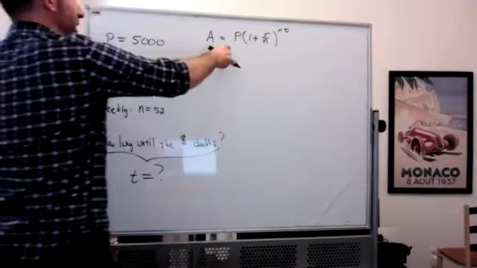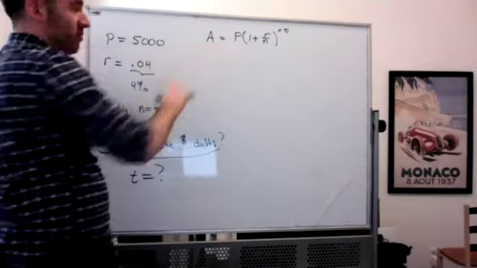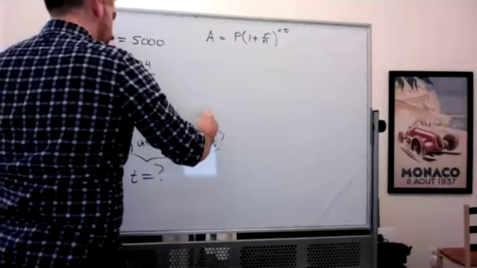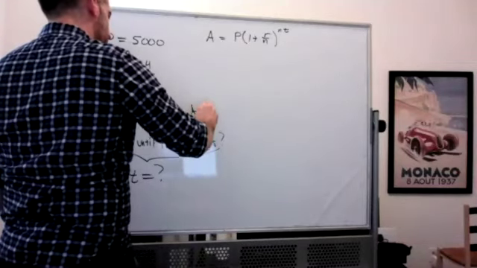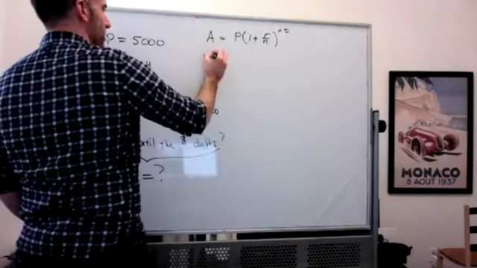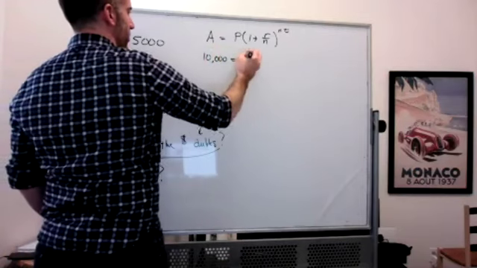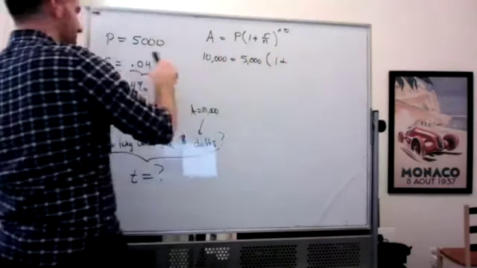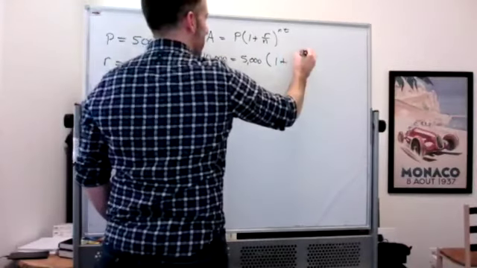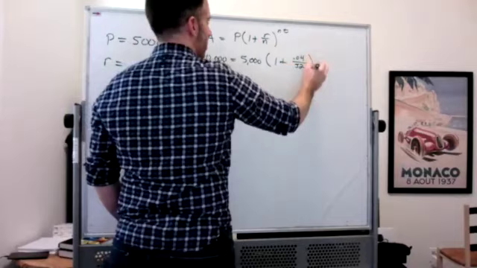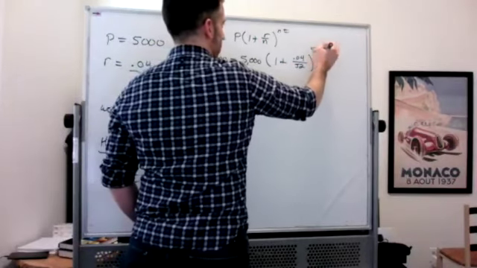So the principal is 5,000, which means the amount, if I'm trying to figure out how long it takes to double, should be double that, so 10,000. So I should be setting 10,000 equal to 5,000 times 1 plus my interest rate, which is 0.04, divided by my number of times compounding, which is 52, to the 52 times t power.